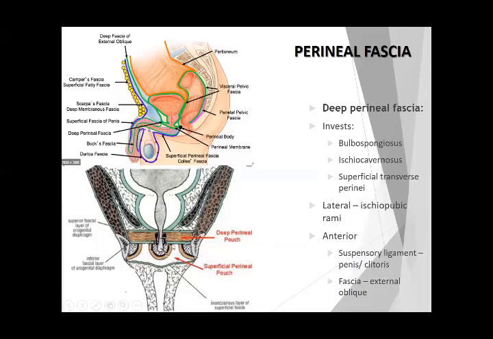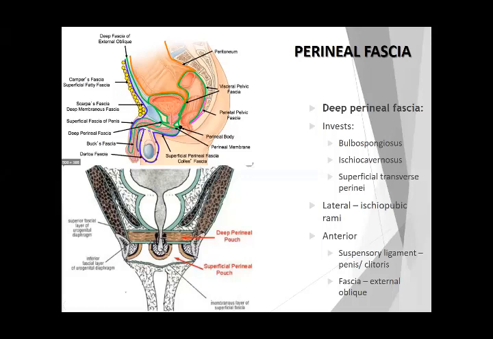It covers this bulbospongiosus muscle, it covers the ischiocavernosus muscle, it covers the superficial transverse perineal muscle, which is attached to the inferior surface of the perineal membrane. This is the perineal membrane, the inferior fascia of the urogenital diaphragm. We've just discussed it in detail.